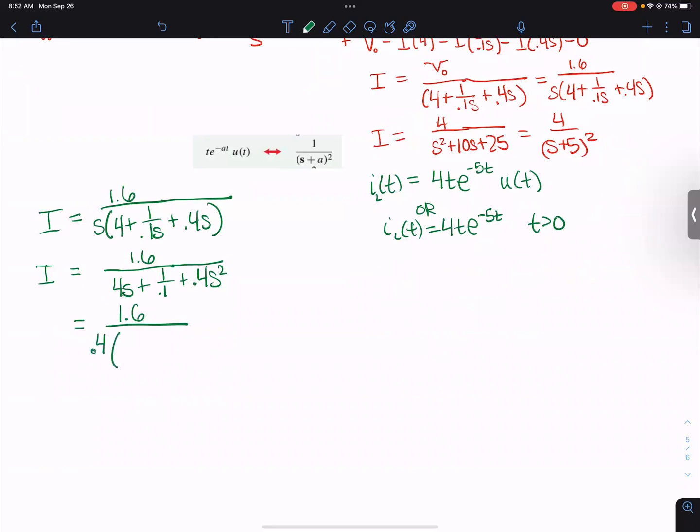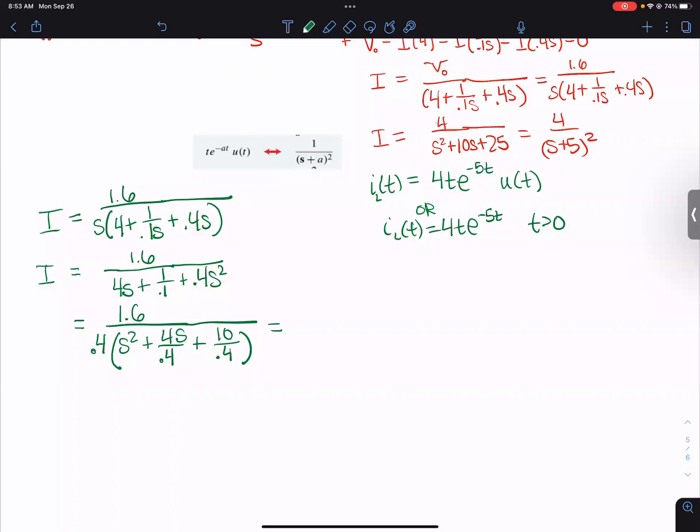So when I pull it out from the S squared portion, I need to divide this one by 0.4. 1 over 0.1 is 10, so that becomes 10 over 0.4. And 1.6 over 0.4, just make sure, is 4.